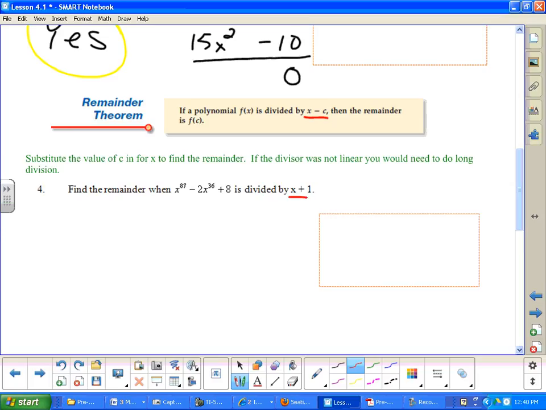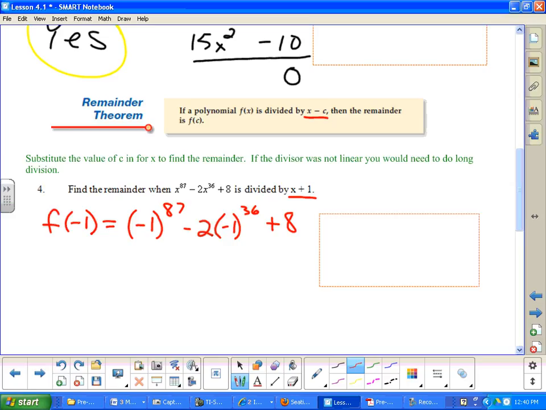So in this x plus 1, if I find f of negative 1, then I'm going to find what the remainder is. So negative 1 to the 87th power, minus 2 times negative 1 to the 36th power, plus 8.